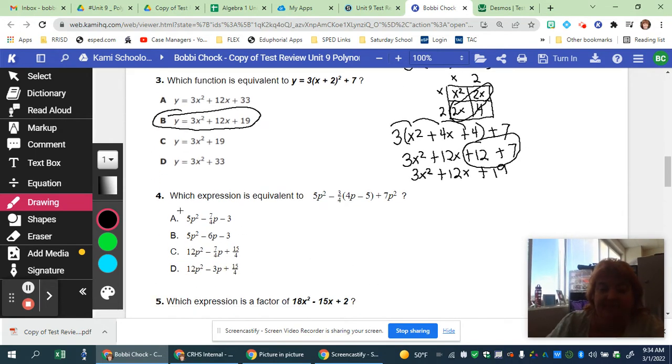Which expression is equivalent to this? Well, let's just go one step at a time. I can distribute, and I always want to do my distribution if I can. So let's distribute first. So I have 5p squared minus, again, if you don't know 3/4 times 4, I know that it's going to cancel out the 4s, but you may not know that.